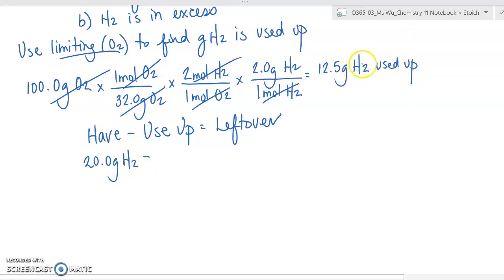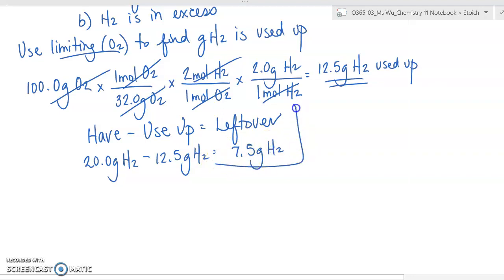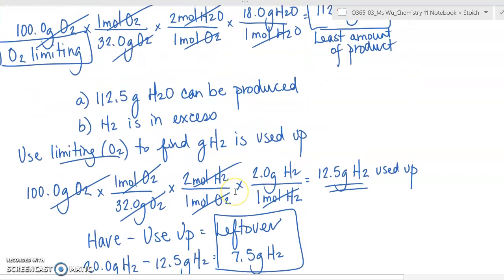We just calculated that we're going to use up only 12.5 grams of hydrogen. So in other words, we are going to have 7.5 grams of hydrogen left over. Got it. So let me just go add that in my answer. 7.5 grams of hydrogen left over.